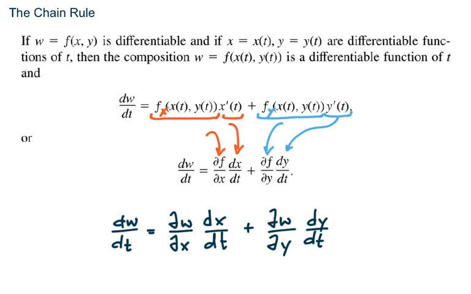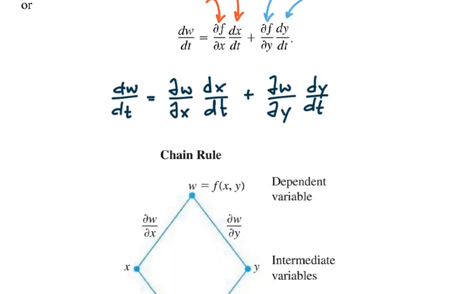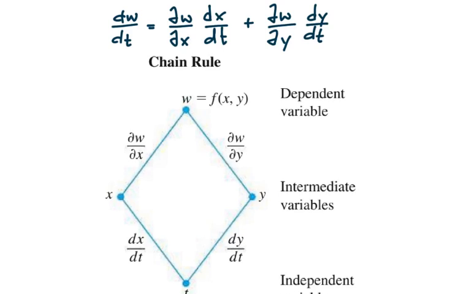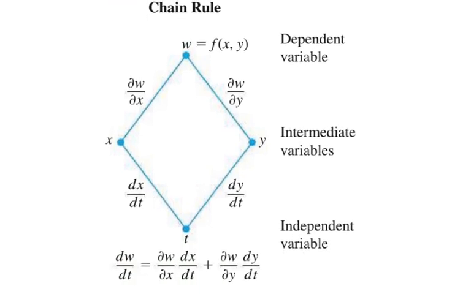Let's think about our dependency diagram for the chain rule with functions of several variables. So I've pulled this image in here. Let me actually slide that up a little further so we can see it all on one page. So we're going to start with w. W is a function of x and y. Now, x is a function of t and y is a function of t.